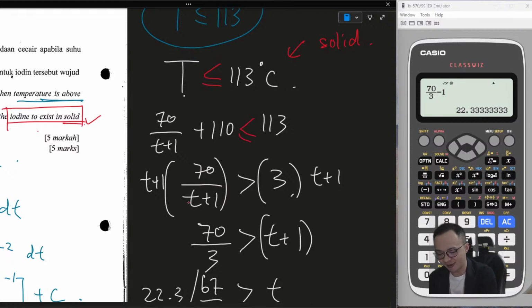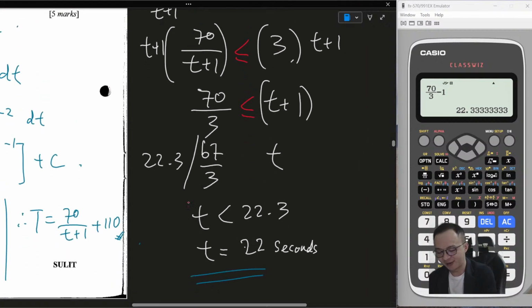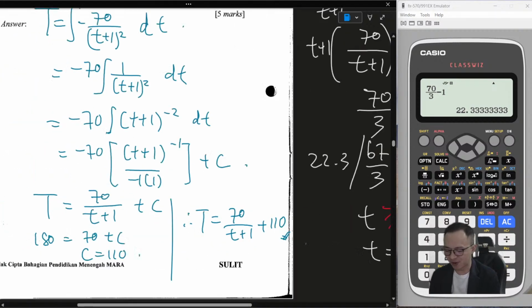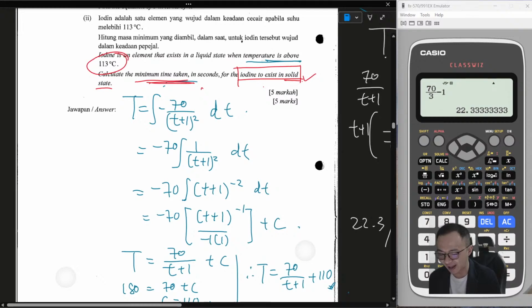Okay, it's my bad. So this one must be less than, this one must be less than, this one must be less than. So this one will be more than. Okay, then the minimum time will be 22 seconds, or 22.3 seconds. I'm not sure they can accept integer or not.